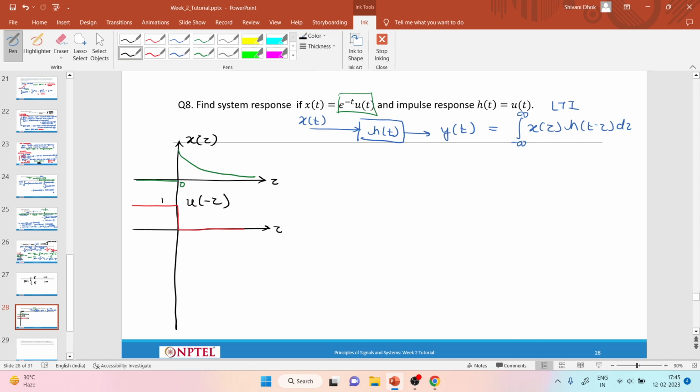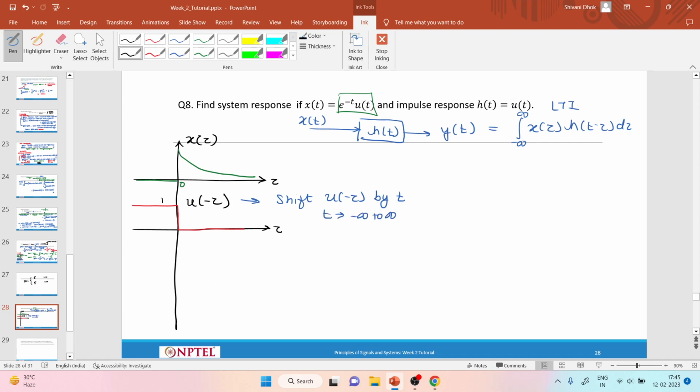Now I need to shift this u of minus tau from minus infinity to infinity. That is, I need to shift this by t, and t will be varying from minus infinity to infinity.